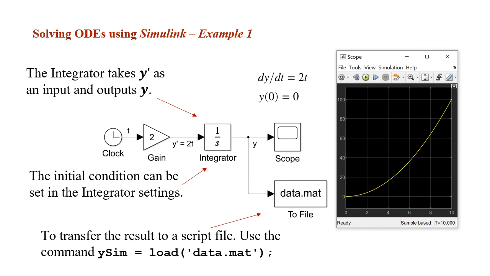So the command ysim = load('data.mat') will read the value of y that is stored in data.mat and store it in ysim. So the variable name is ysim. You can change it to anything else, but I used ysim, short for y from Simulink.